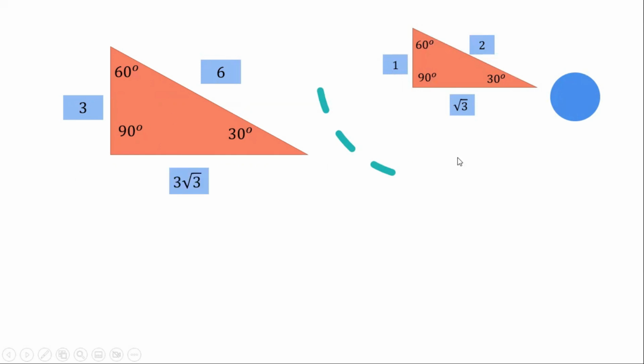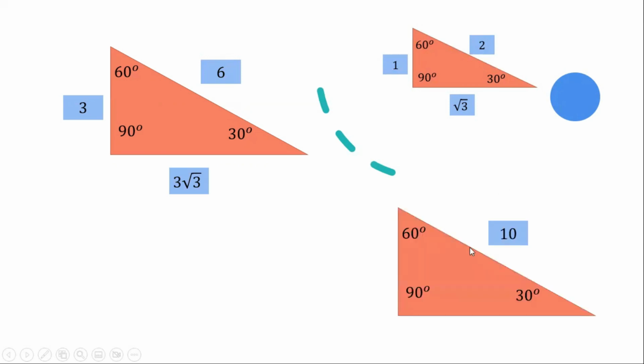You can also use similar triangles, but there is no need for that if you have memorized or are familiar with these values: 1, 2, and square root of 3. Next, the given side is the hypotenuse. Again, we start with the statement that the side opposite the 30-degree angle is one half of the hypotenuse.